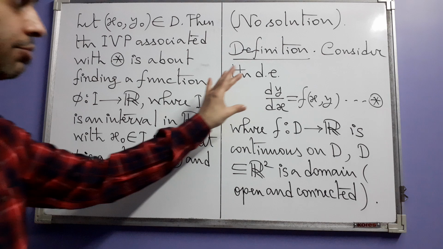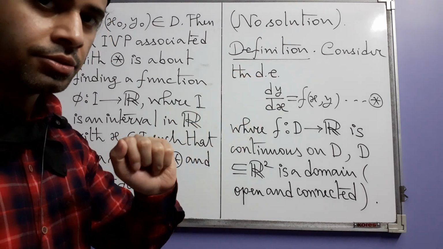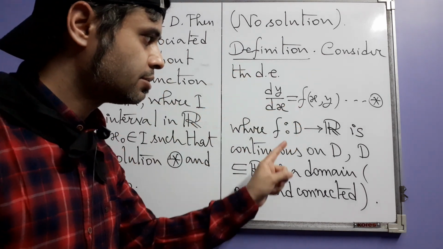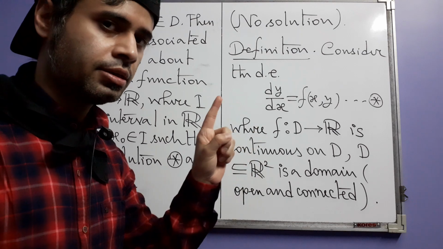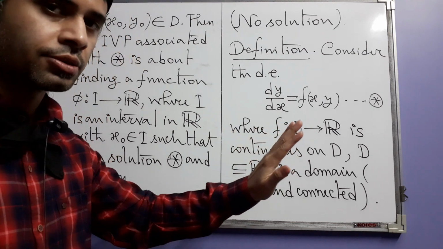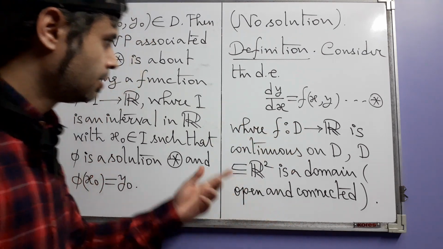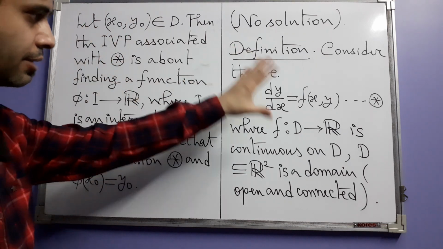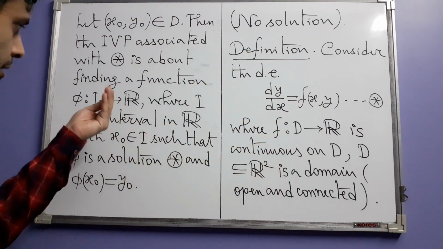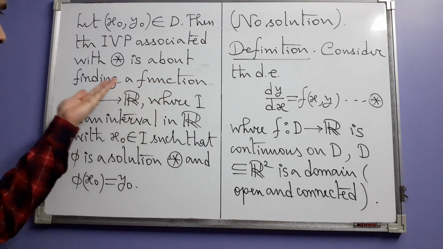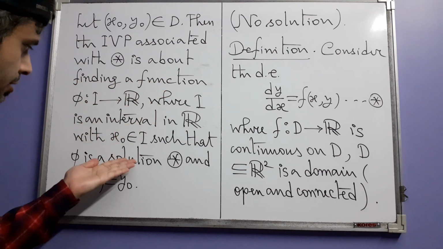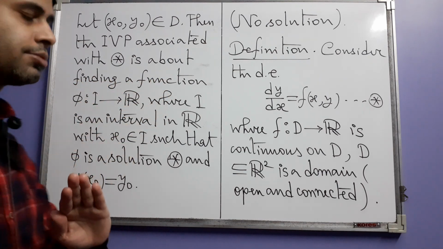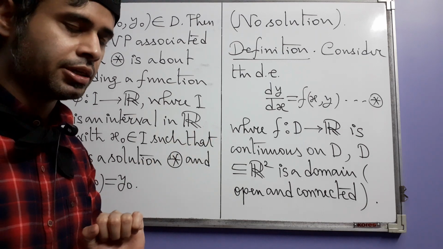Okay, so if a differential equation like this is given to you, and remember this f is continuous on a domain, it is defined there also and it is continuous, and you have chosen a point in D, then the initial value problem associated with all these ingredients is about finding a solution like this phi which also satisfies this supplementary condition.